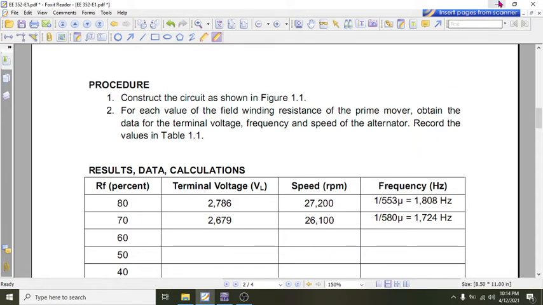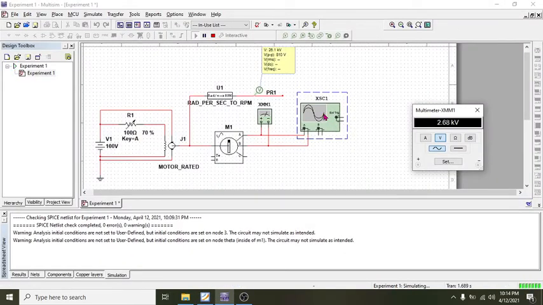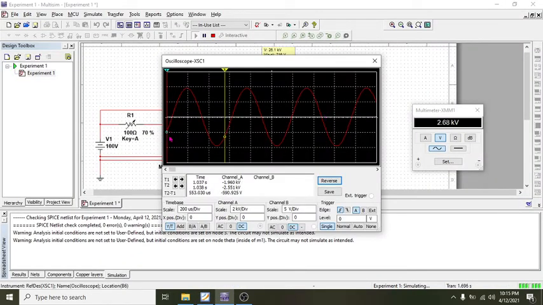For the frequency, we open the oscilloscope. Again, you start with the beginning of the cycle, and the second line will be at the approximate end of the cycle.